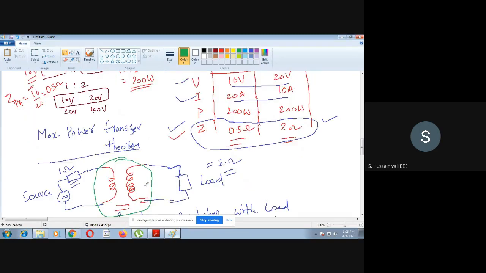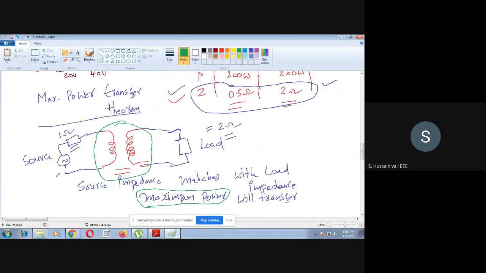So any source impedance can be matched with any load impedance when you have an appropriate transformer between these two. In every case we can transfer the maximum power when we have the transformer between the source and load. This is the second advantage.